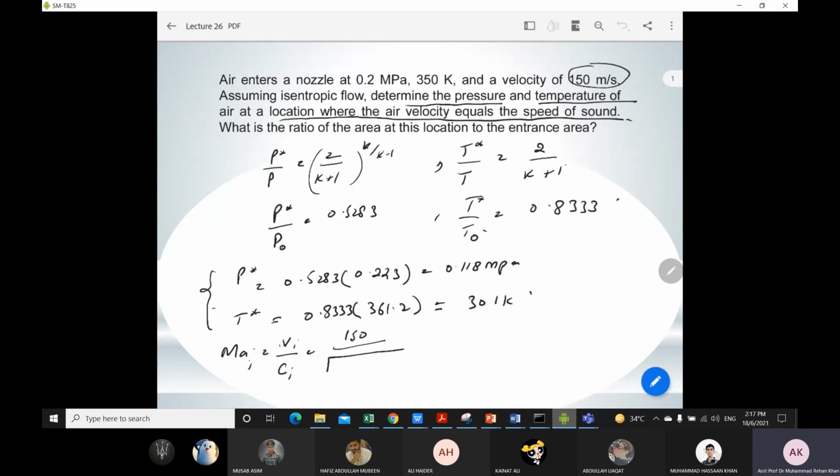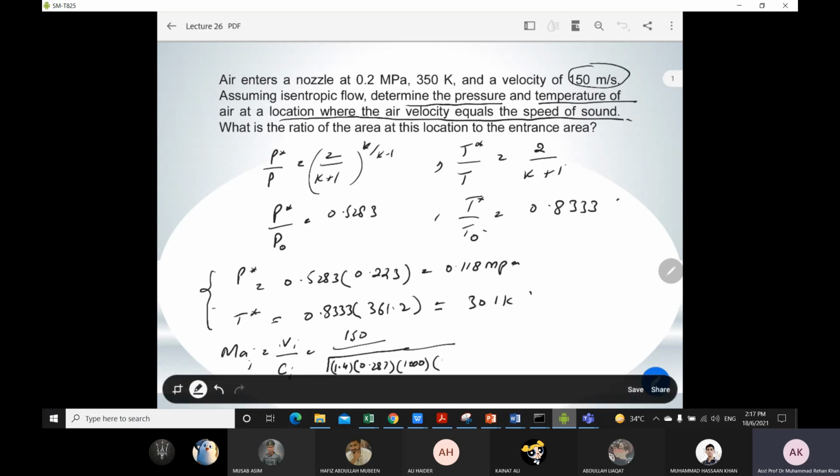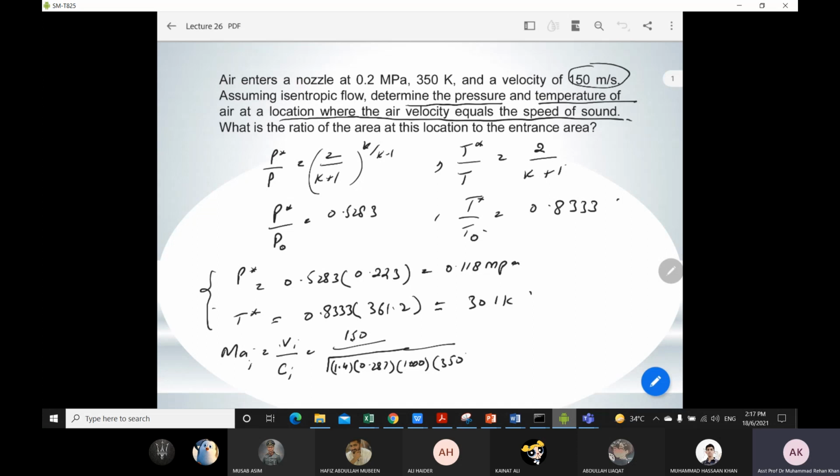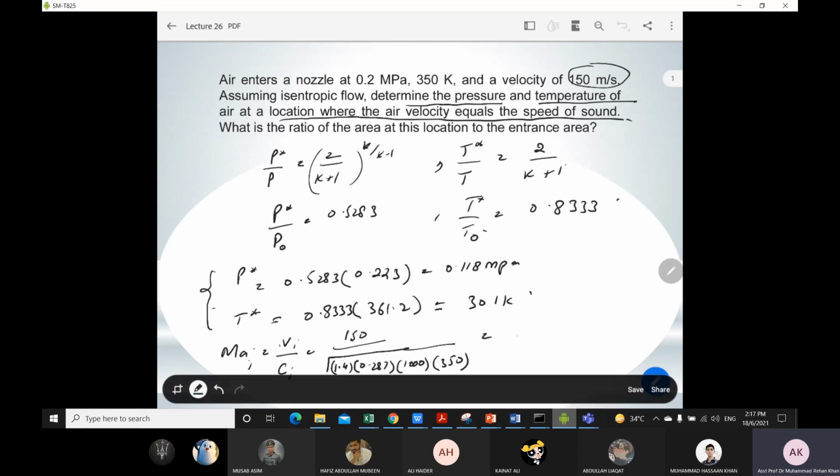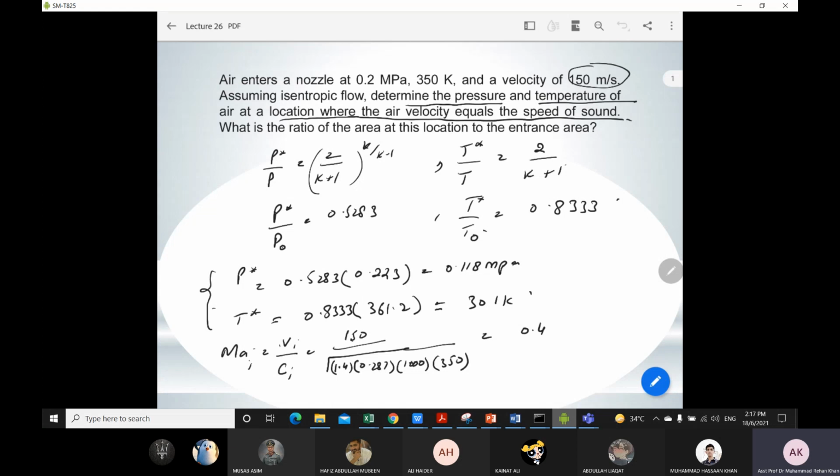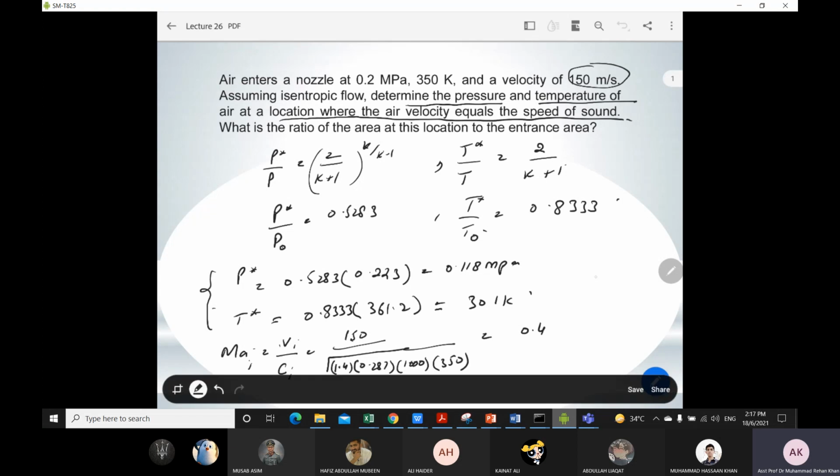So you can plug in the values: k value 1.4, R value 0.287, 1000 for the conversion factor, and then your T inlet, which is 350, as mentioned in the problem statement. If you solve it, you will get the Mach number equal to 0.4. Okay, so now we have the Mach number at inlet.